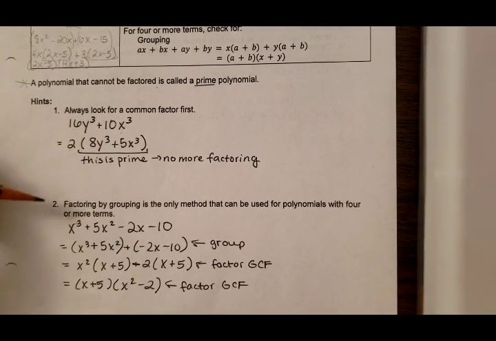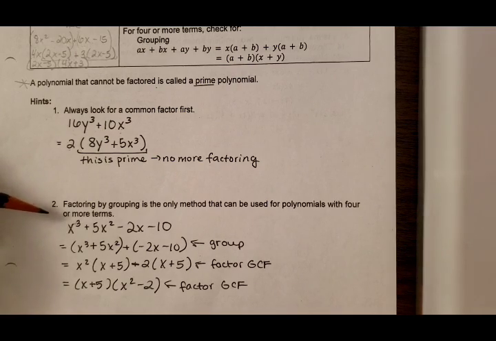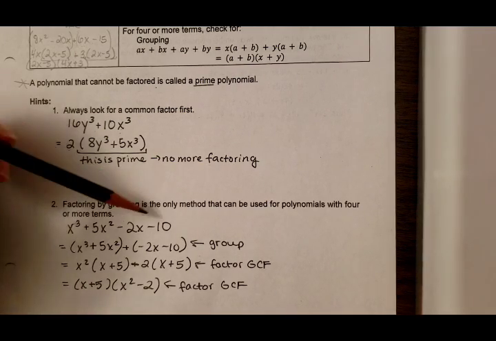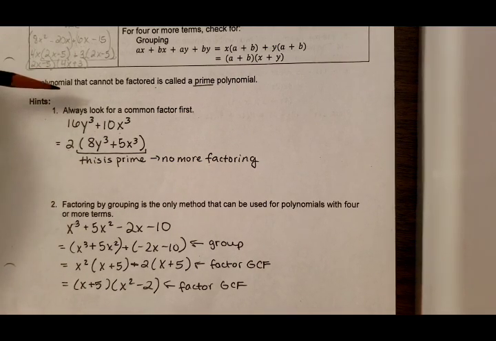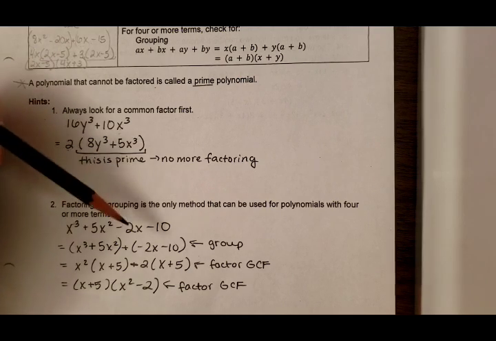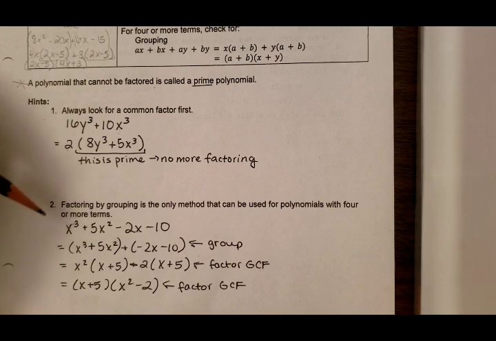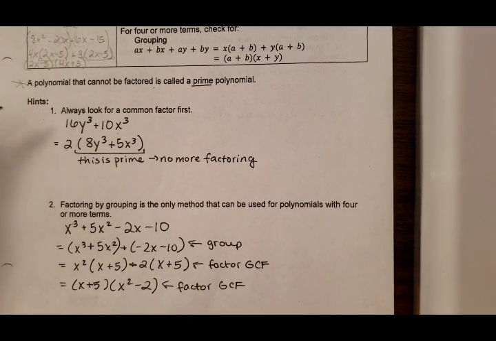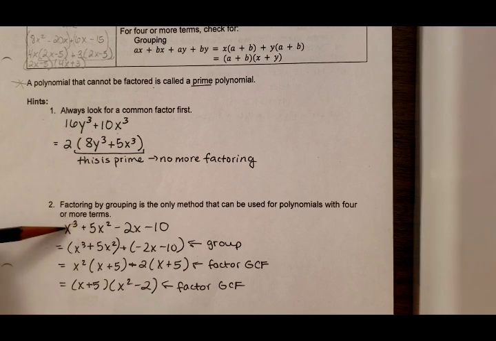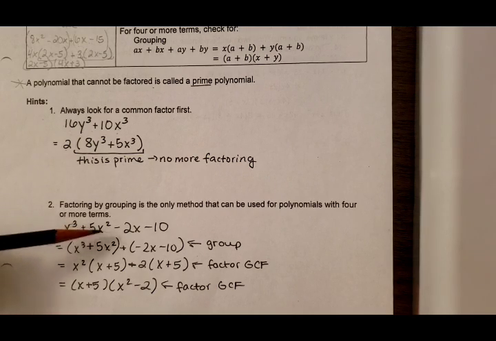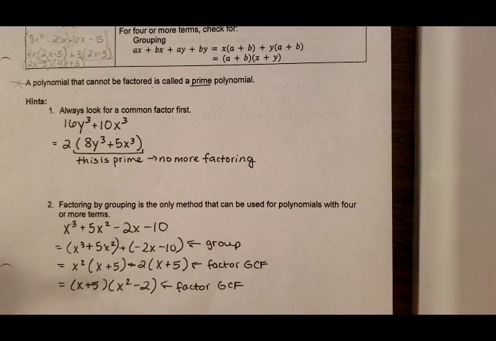Then I talked about factoring by grouping, in the last video, and it's really the only method that you can use when you've got polynomials with 4 or more terms. You've got to group them in different ways. So here's another example. 4 terms: x cubed plus 5x squared minus 2x minus 10.